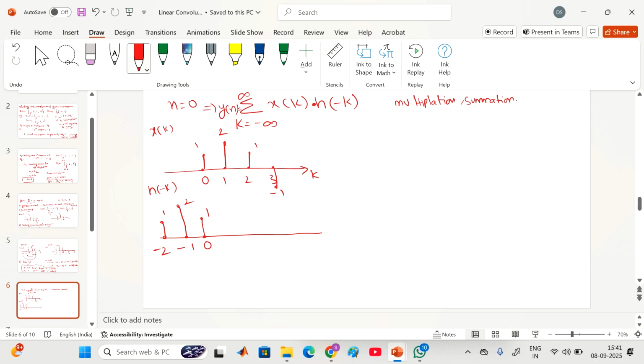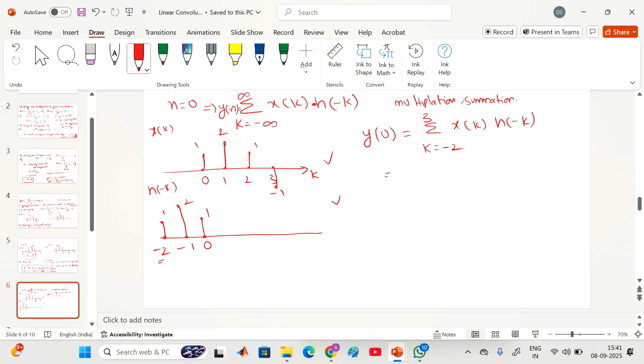Now if I multiply these two sequences, I will get y of 0, where the starting n value is 0. The summation over k, where my starting value is minus 2 and the ending value is 3, of x of k into h of minus k.